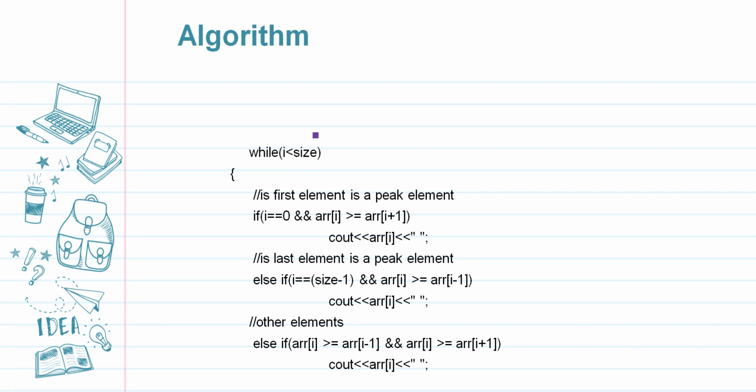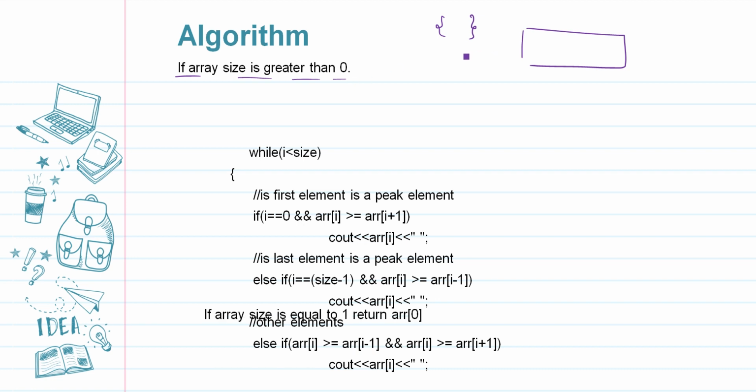Now let's move on to the algorithm part. The first thing we are going to check is that the array should have some elements, right? So the array should not be empty. Only then can we find some pick elements. So this is the condition: if array size is greater than 0.